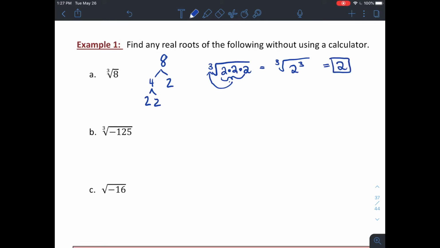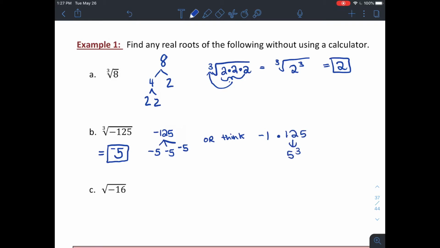If you have a negative, like the negative 125 inside of this cube root, there's just a few ways you can think about it. An odd number of negatives will get you a negative number when you multiply. So you could think of negative 125 as negative 5 times itself 3 times, which means the cube root is negative 5. Or you can think about it having a factor of negative 1 times the positive 125.